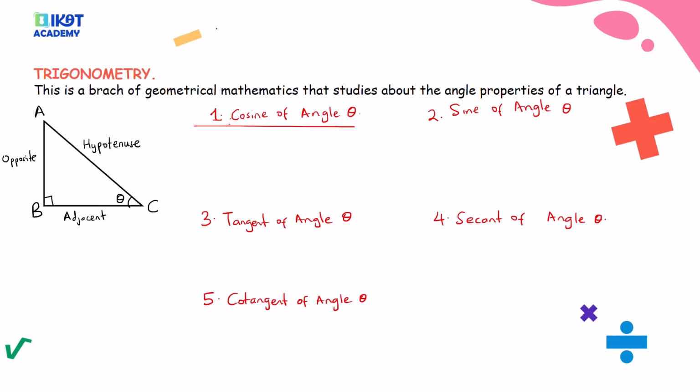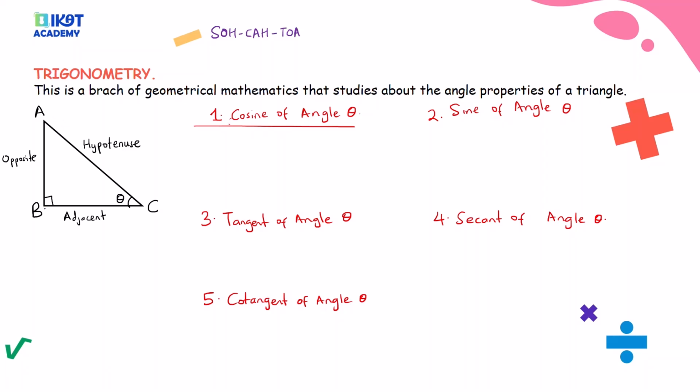So, the first thing we should even know from trigonometry, I think, is the term SOHCAHTOA. SOHCAHTOA is the abbreviation that we usually use to remember the relationships between sine, cos, and tan with the sides of a triangle.